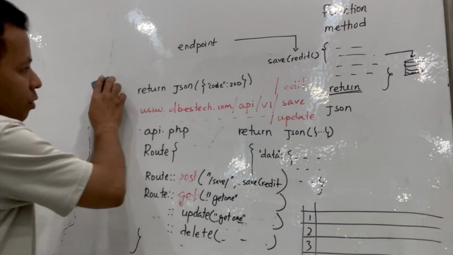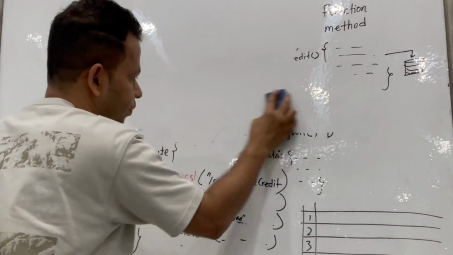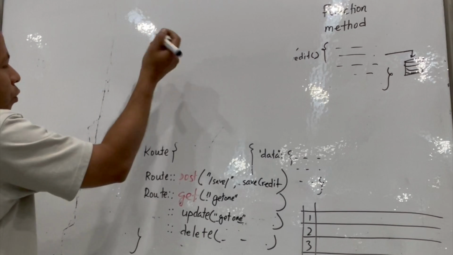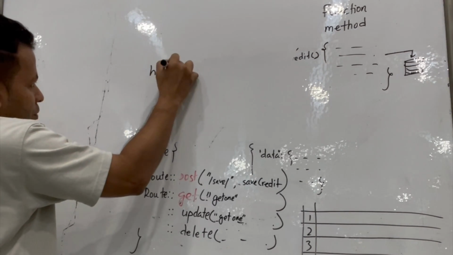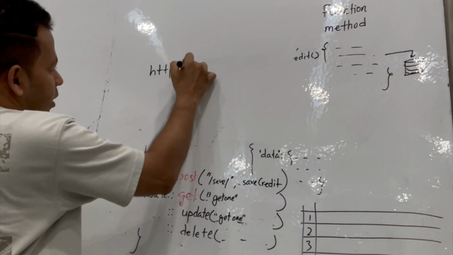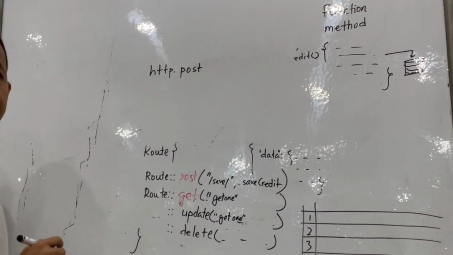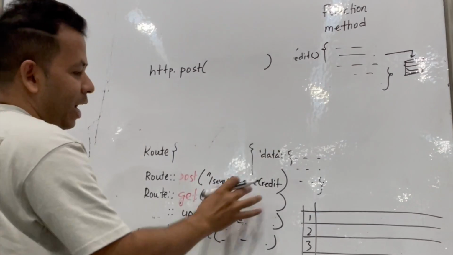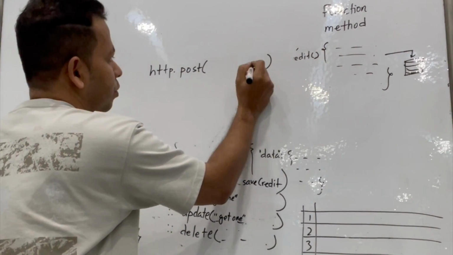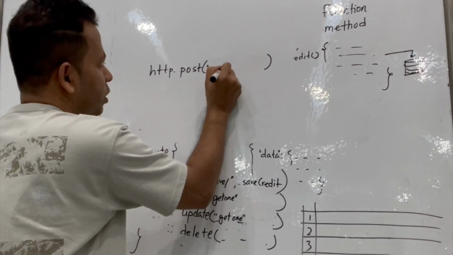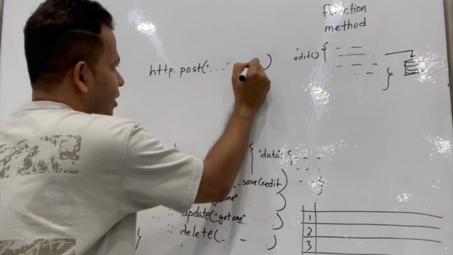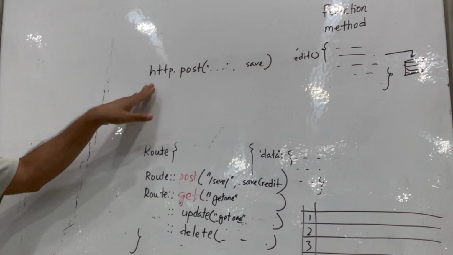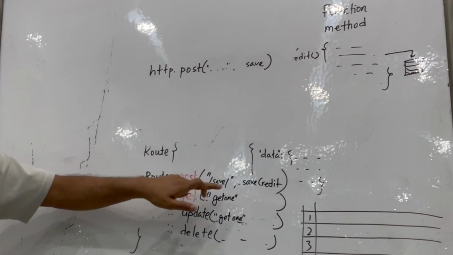Let me go ahead and erase this. We don't need this right now. So in general, when I click on a button, it will have something called HTTP, and then it will have post, and inside this you'll pass your information and the endpoint name. Most probably some of your information is here and the endpoint name may be save. Here you see I already mentioned http.post, so it will look for this one.